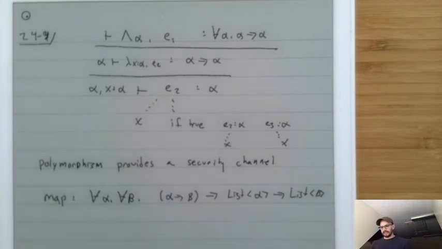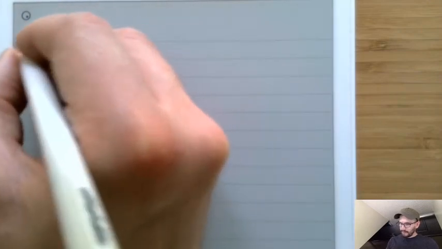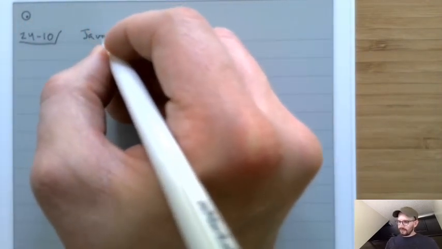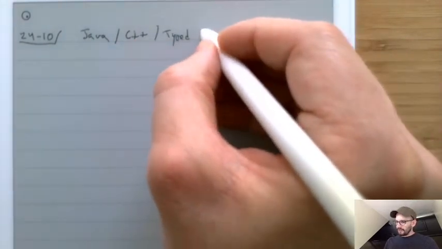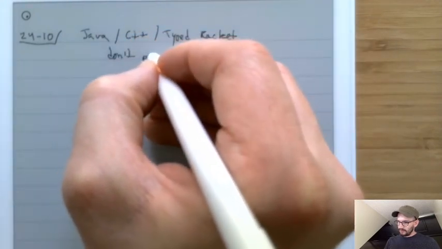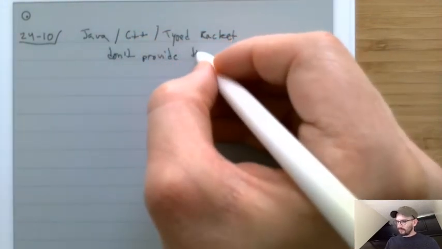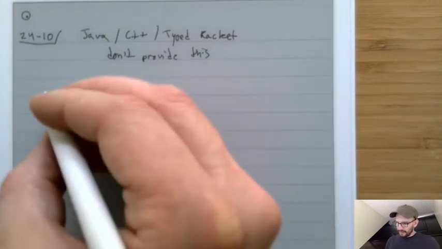Now, unfortunately, polymorphism, as it is implemented in Java and C++, does not provide this feature. So Java and C++, and other languages too, like typed racket, don't provide this. And here's the reason why. I'll give an example in Java. In Java, I can write the following.